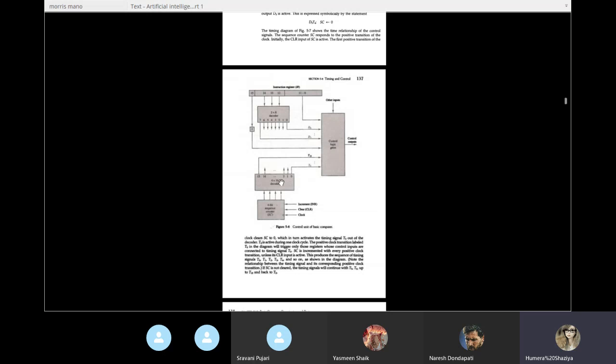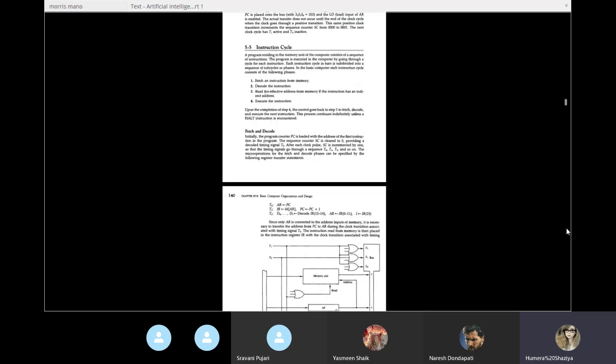And then at time T1, if you look here, what we are doing is transferring M of AR into IR, and then you are incrementing the PC value. So at time T1, all these timing signals are connected to that bus structure. IR load will be activated because of this T1.